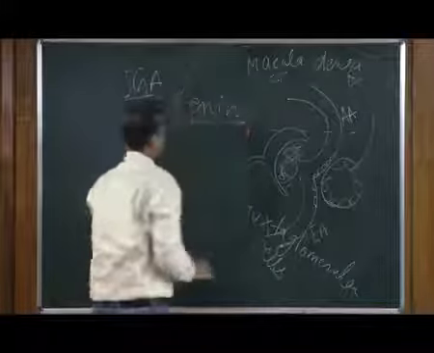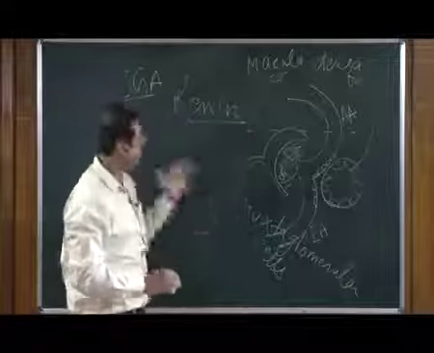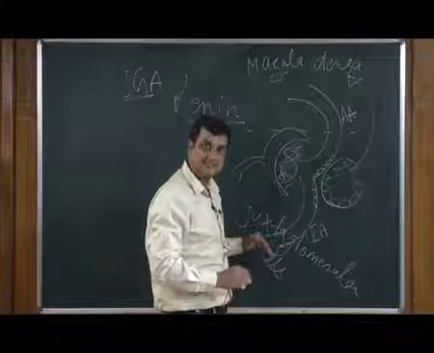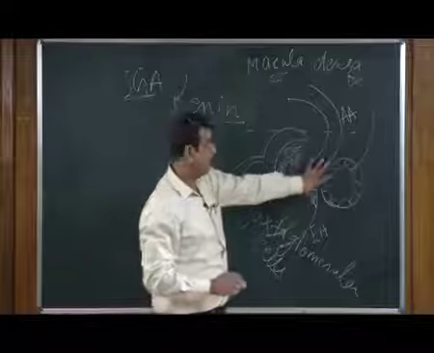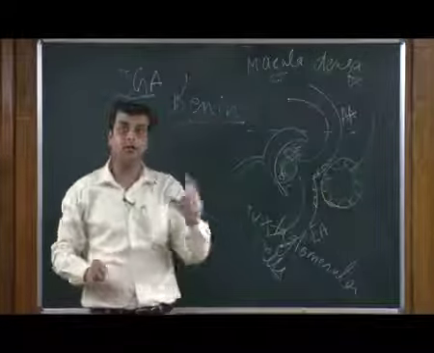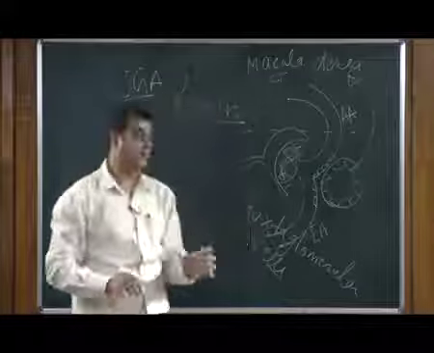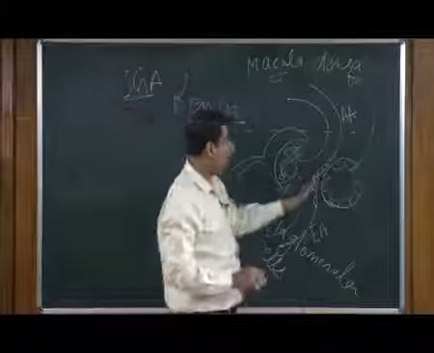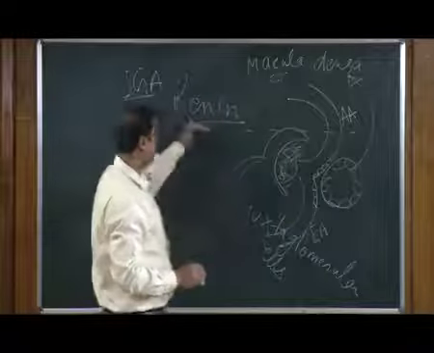Now, renin is a very unique enzyme secreted by juxtaglomerular cells in this area where the afferent and efferent arterioles are, in order to maintain the blood pressure, in order to maintain the blood flow. And this is a very important enzyme.